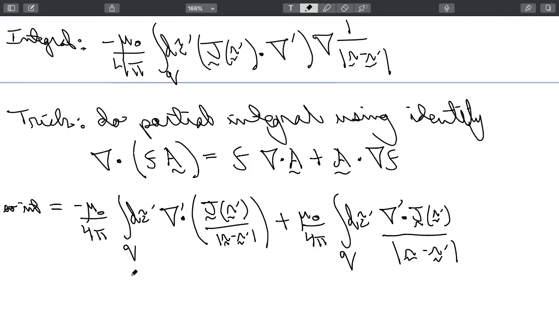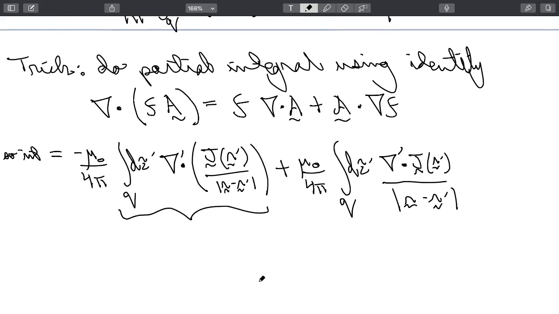Okay, so this is just a simple manipulation with this partial integral and this simple vector identity. Now this thing here, if we integrate over all space, we can rewrite this using the div theorem.